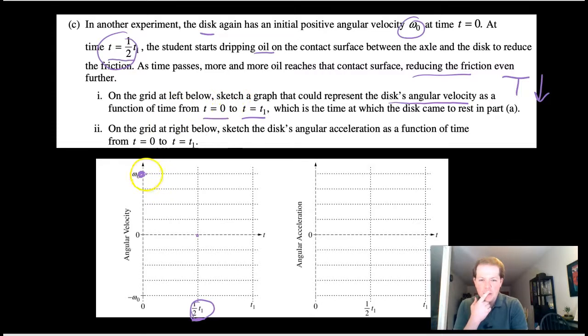But for a little bit, I have this line going down, and it should be straight. Oh man, Mr. Thrasher, this is a product of bad drawing ability on my graphics tablet. But I should have a straight line because in this first half, there's no oil being dripped. So again, that torque is constant, and that means the deceleration is constant.